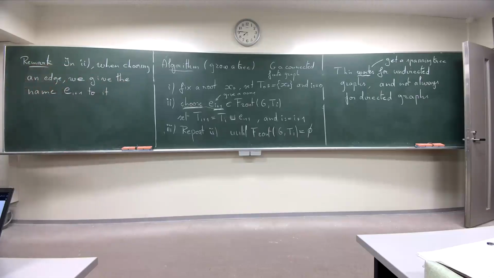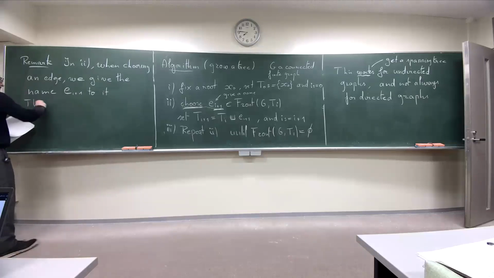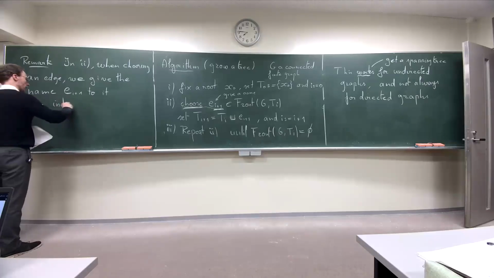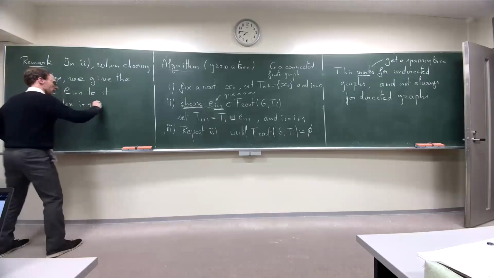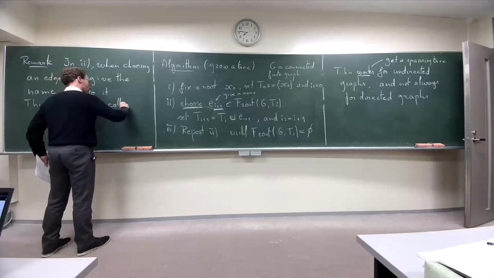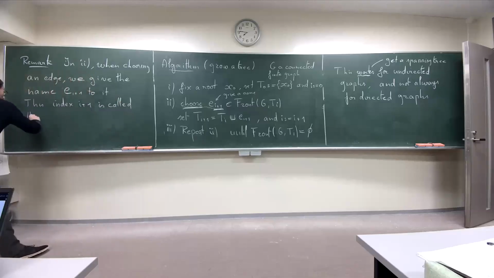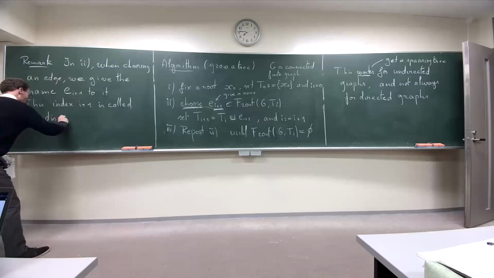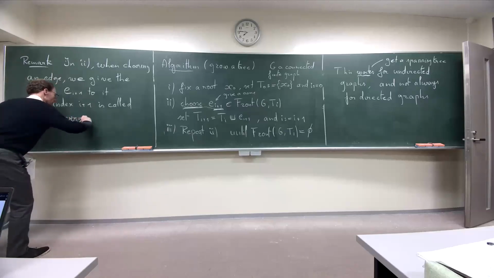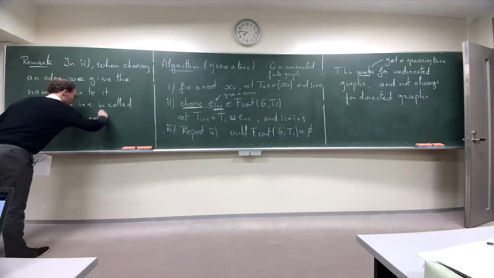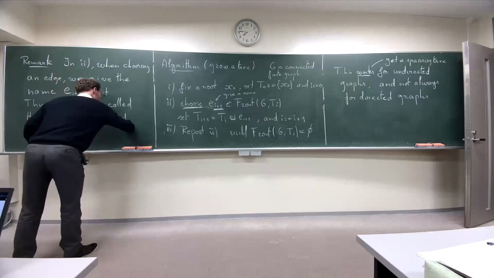This index i plus 1 is called the discovery number. And it's important, the discovery number of the new edge.